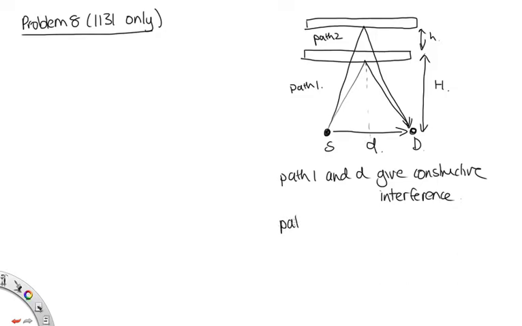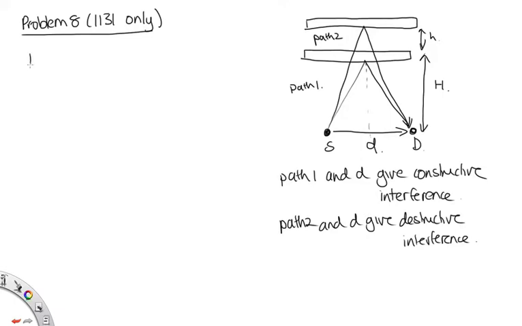So path 2 and D give destructive interference. So we know that the difference between path 1 and path 2 is equal to lambda on 2.